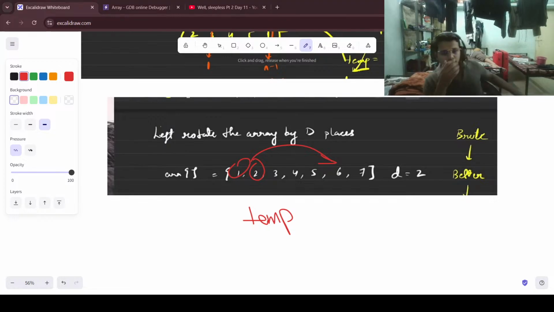6, 7, and then 1 and 2. So this 1 and 2 kind of moves here and then moves here, and these will move 2 places ahead. So this is what the resultant array will be after you have left rotated the array by d places.